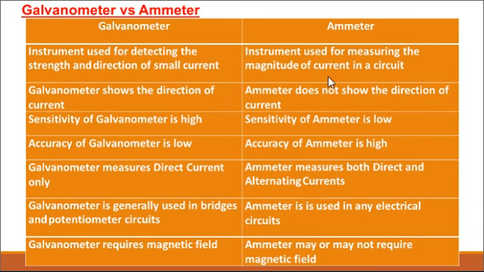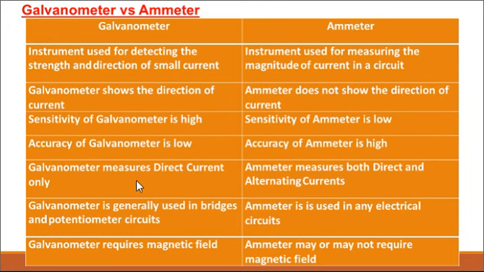Galvanometer sensitivity is very high and ammeter sensitivity is very low. So a galvanometer is used for sensitive current, meaning a very low amount of current. The accuracy of a galvanometer is low, but the accuracy of an ammeter is very high.